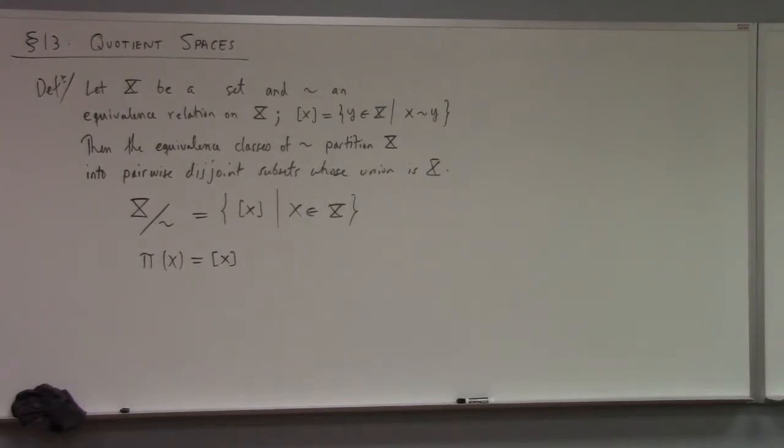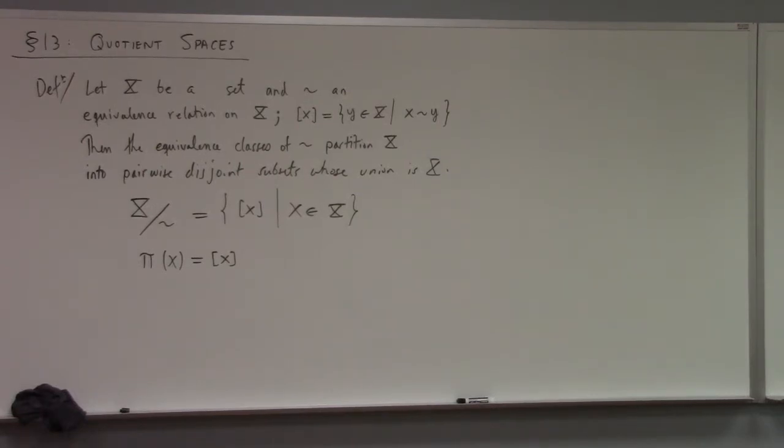Here's a specific example of this. X could be a group, like an abstract group, and H could be a subgroup of X. Then we could use the coset equivalence: two points in the group are equivalent if they are in the same left coset of the subgroup. In that context, this would become the usual coset map.